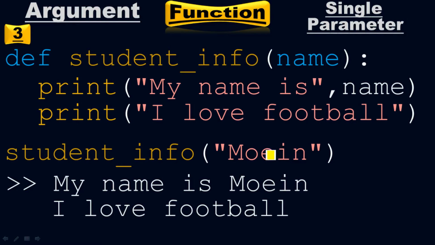If you skip the information for the parameter, you will get an error. So if you have the parameter, you must put information here. Here I have student info of Moein. So Moein is the information, it is the argument. Name is the parameter, a single parameter and a single argument. Once we call the define function, it receives the information from here, and then it goes up and executes here, and then the print functions.